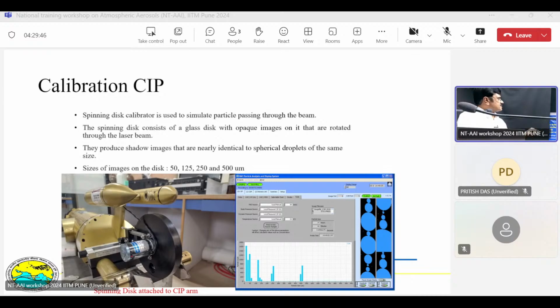You introduce that in this field of view and start recording it. Then you will know, when I introduce 50 micrometer, the instrument should also give us the same size. Otherwise, we need to adjust that. We need to calibrate. Okay, if there is a drift, we need to take it into account. So this is how the imaging probes are calibrated.